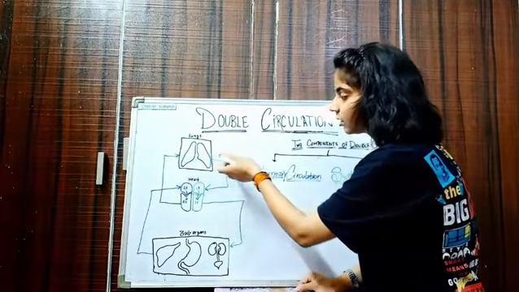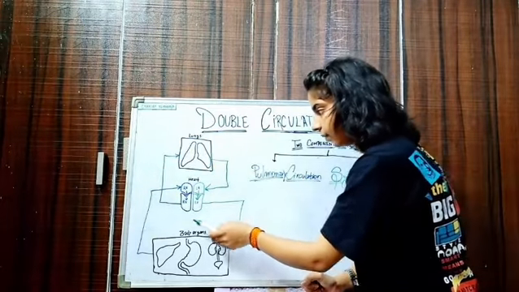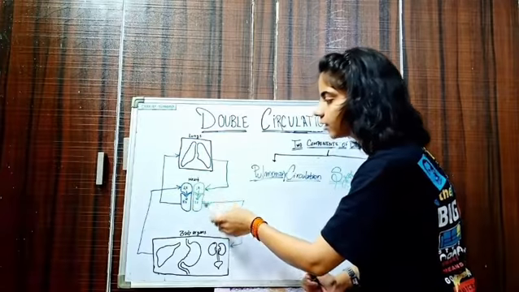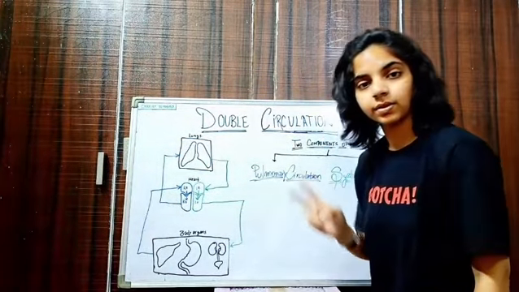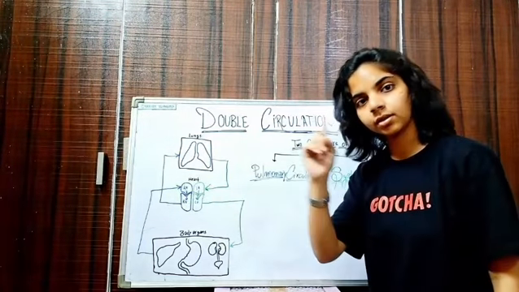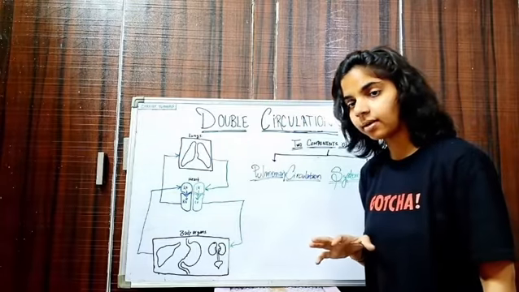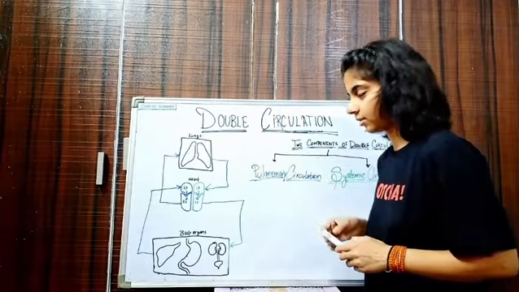Then from the lungs, it again passes through the heart, left atrium and left ventricle. The blood passes through the heart twice to complete one single circulation. Alright? That is why it is called double circulation.